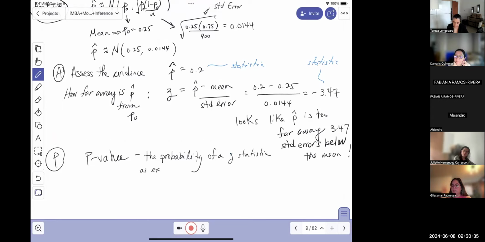So the probability of a z statistic as extreme or more extreme.